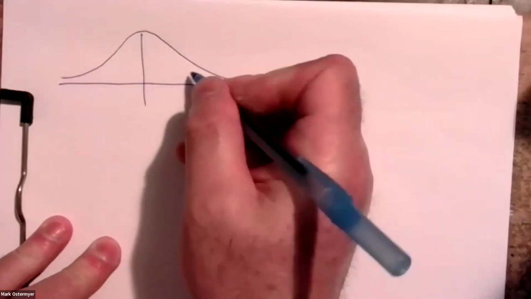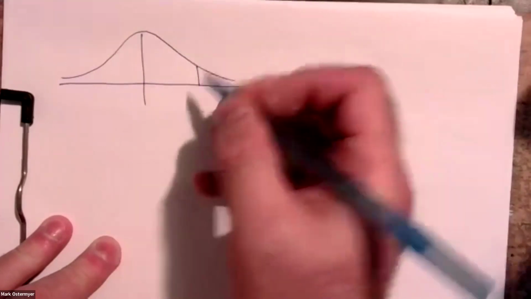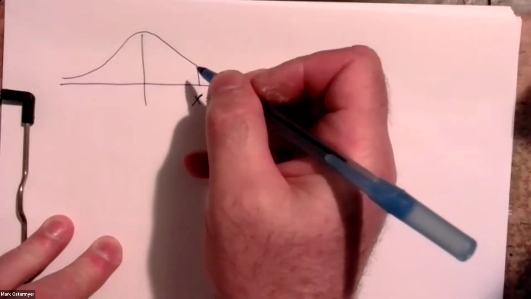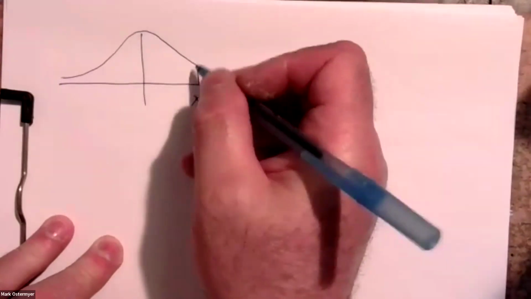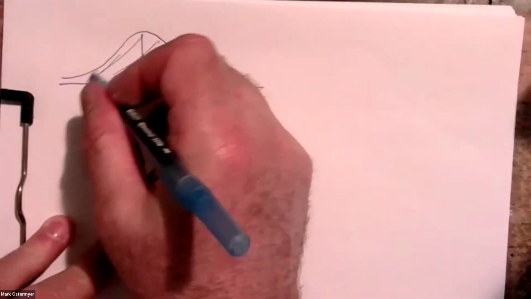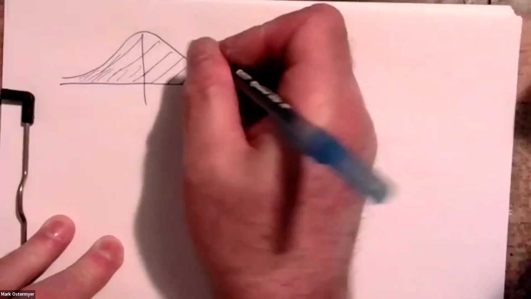we want the area below this unknown percentile value here to be 95%, called the 95th percentile. So we want all this area here to be 95% of the area of the entire curve.